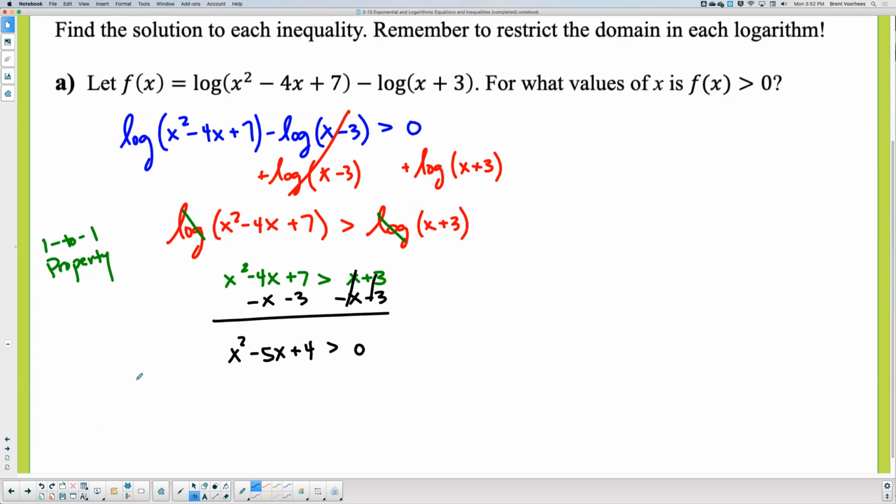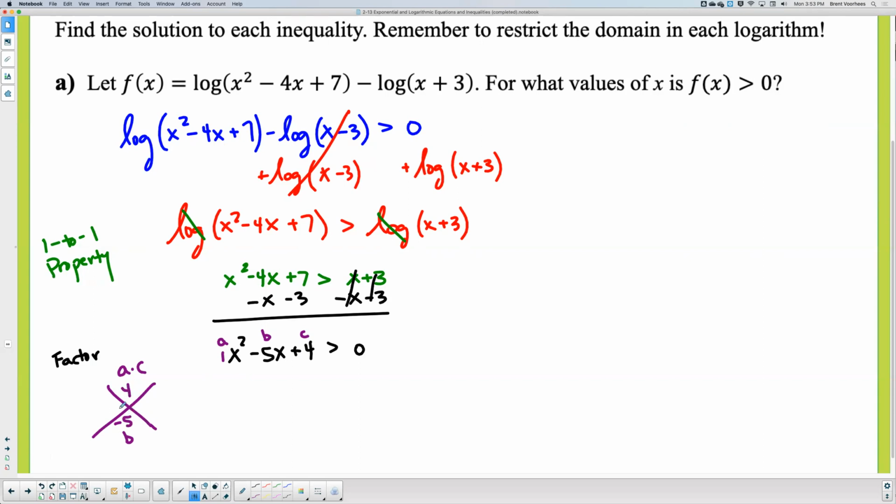And so I'm going to use the x method to factor. I'll use the x method as it's a trinomial. So I want factors of a times c that add up to b. Here I have a, b, c. So 1 times 4 is 4, and the factors need to add to be -5. The factors of 4 are 1 and 4, and 2 and 2.